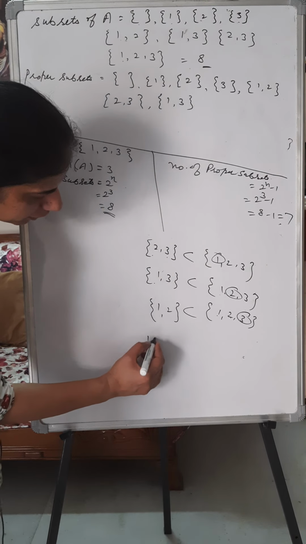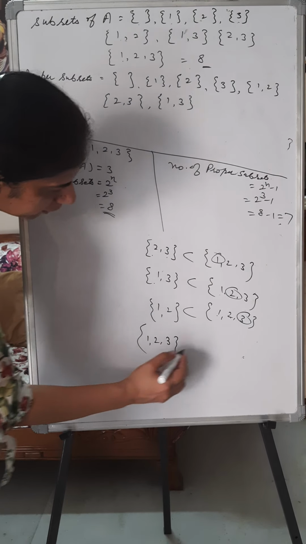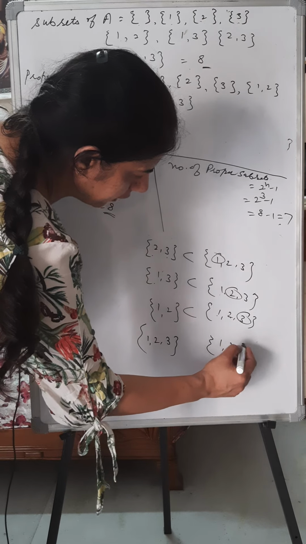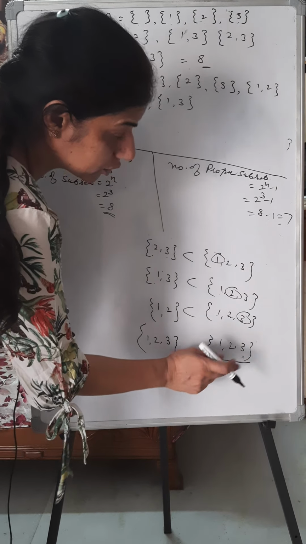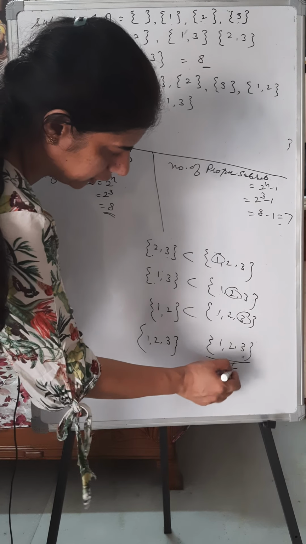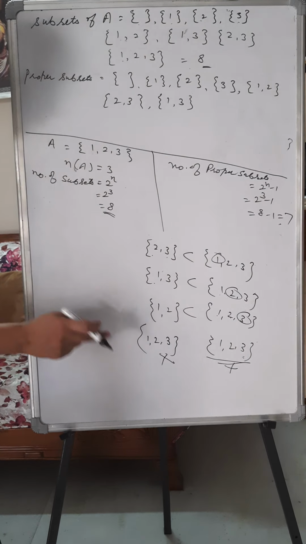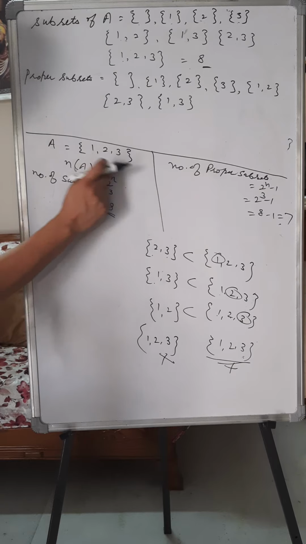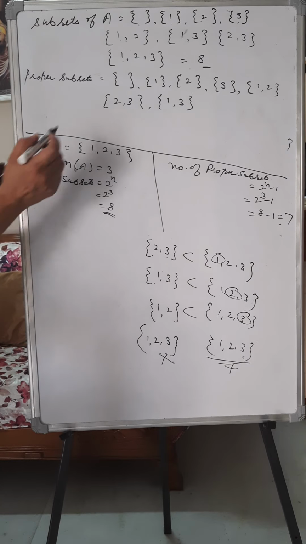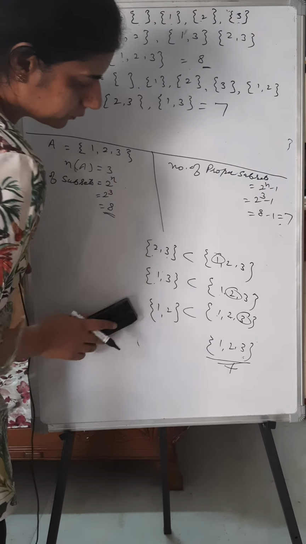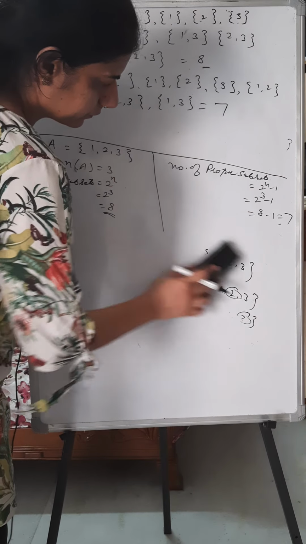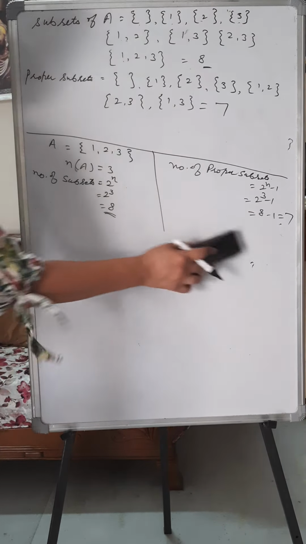If we take 1 2 3, here also 1 2 3, they are equal sets, and this set must contain at least one more element, but it does not, so we do not consider the same set or the given set in proper subsets. That's why it is 7, one less. Follow my point.